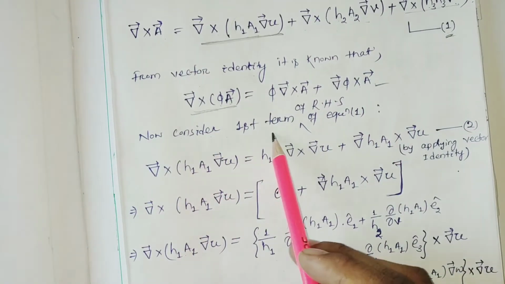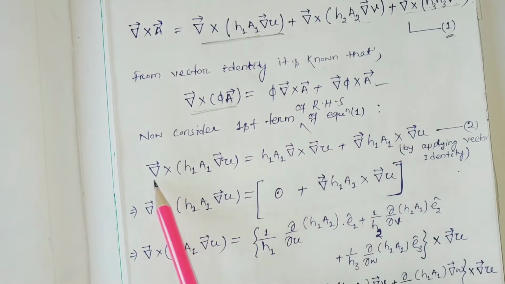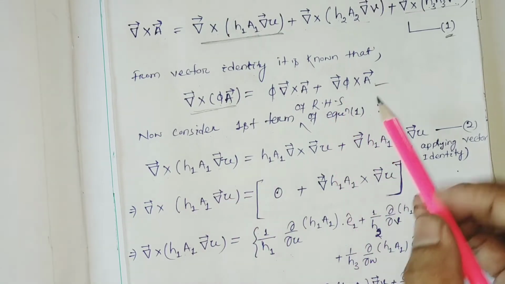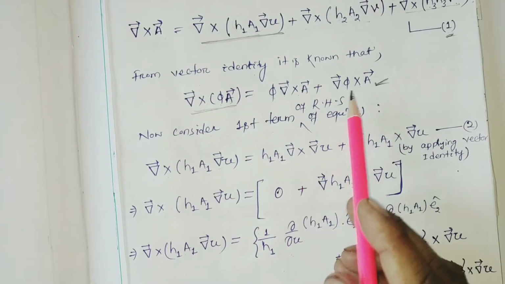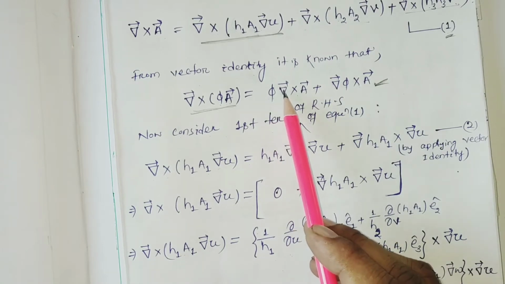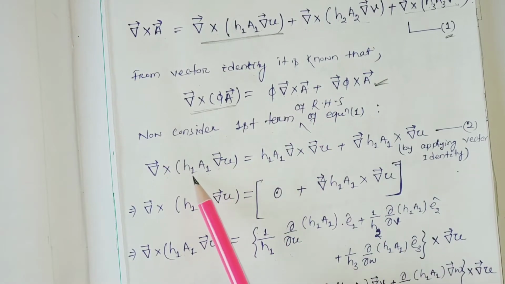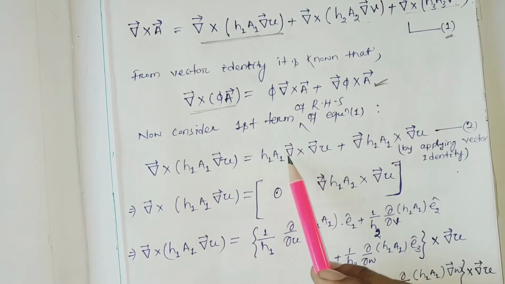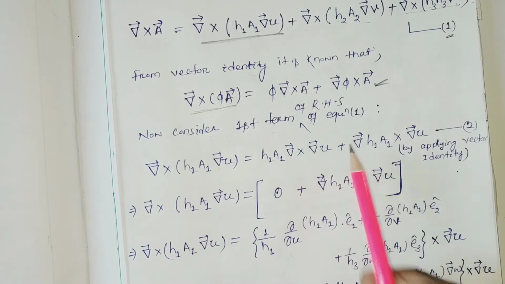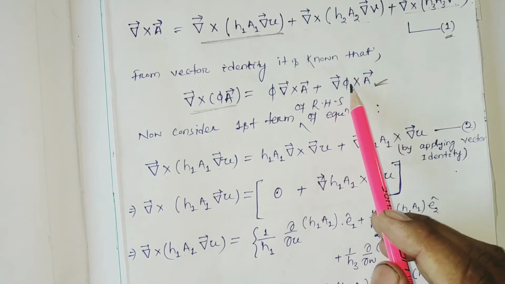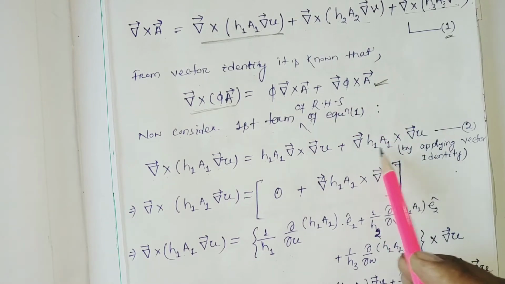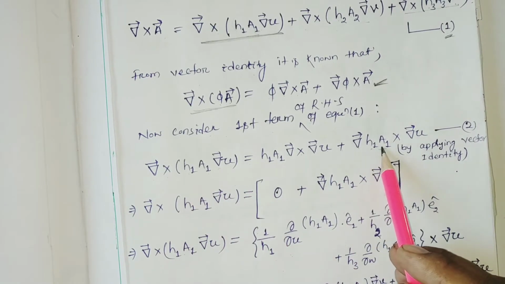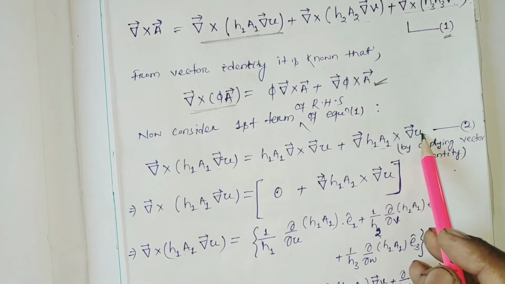Now consider the first term of the RHS of equation number 1, that is del cross h1 A1 del u. By using this vector identity, it will be equal to phi, the scalar, times del cross A: the scalar is h1 A1, times del cross the vector, here the vector is del u, so del cross del u, plus del of the scalar, here del of h1 A1, cross the vector del u, by applying the vector identity.